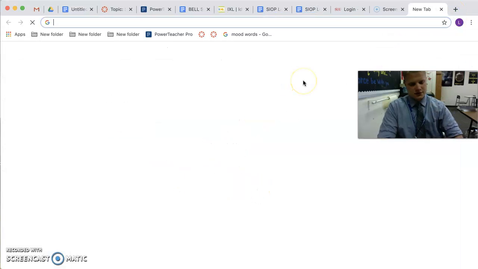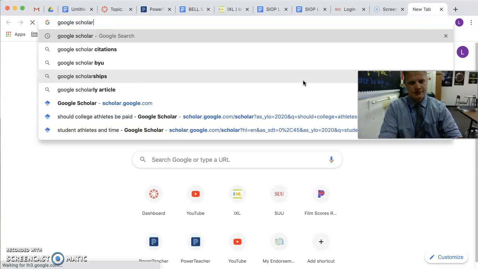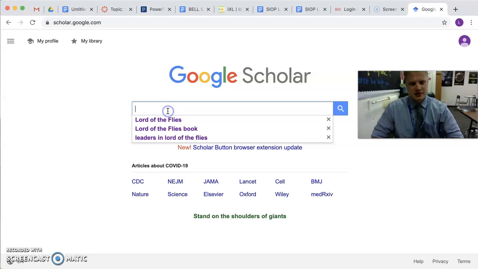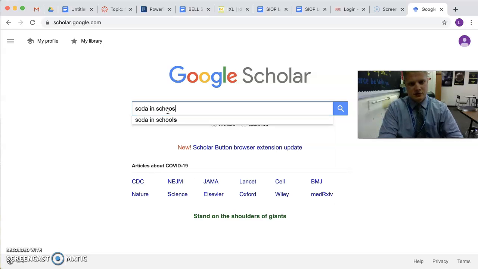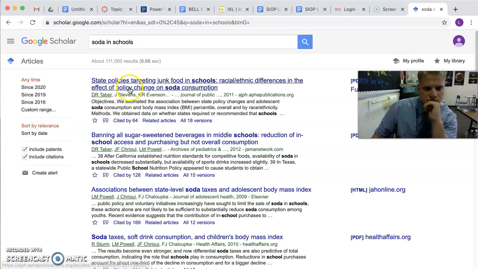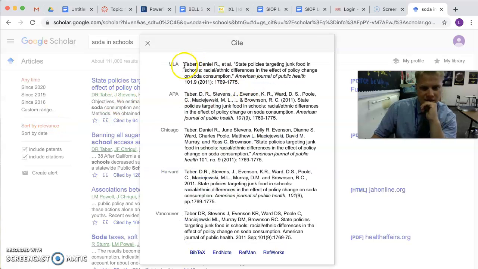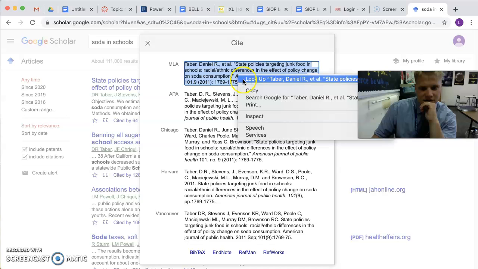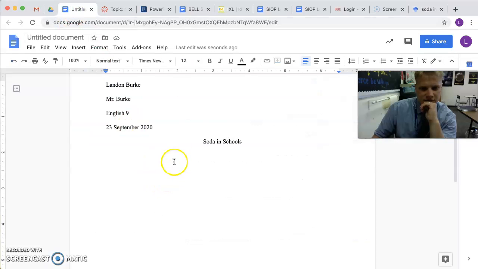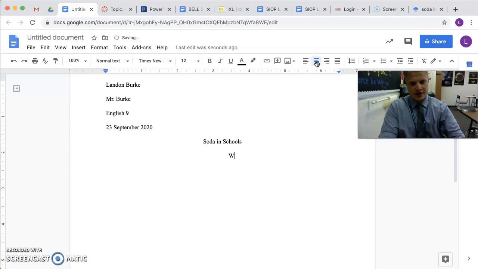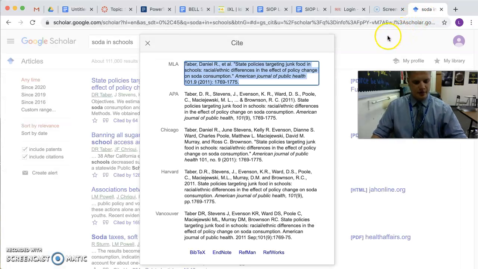And if I go to Google Scholar and I just search soda in schools, and I'm just going to take a random MLA citation, copy it, bring it over, and then for my works cited page, my computer is being slow today.